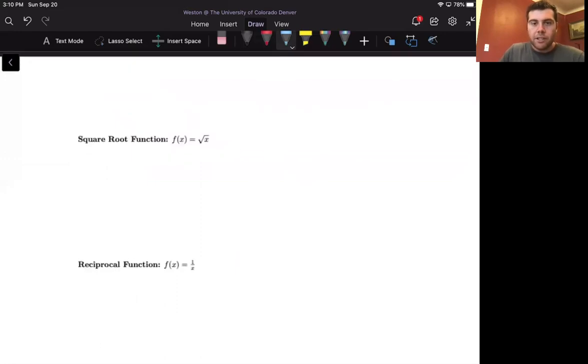The square root function, again, tells us that if we just plug in a number, we just take the square root. So f of 3 is the square root of 3, which is fine, even though we don't have a rational approximation for it. F of 4 is 2. And for this case, we're just taking the positive square root.